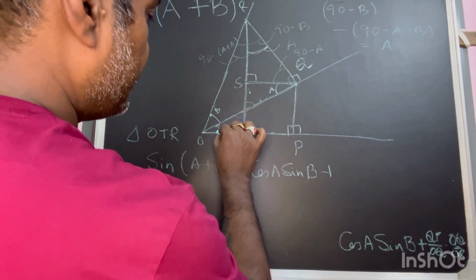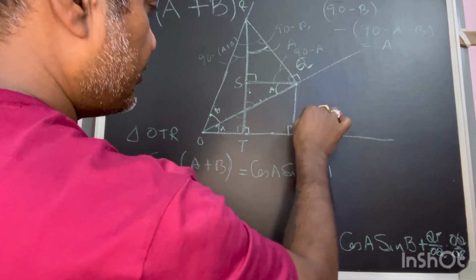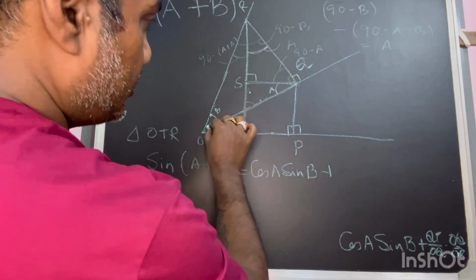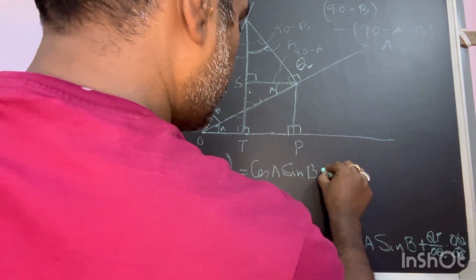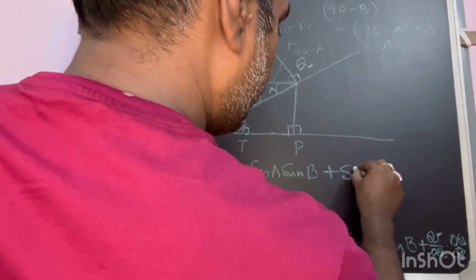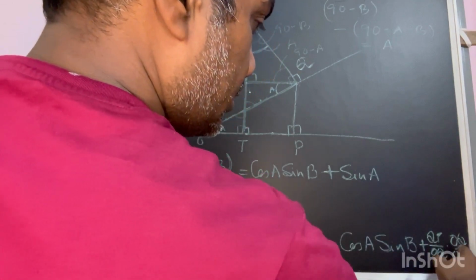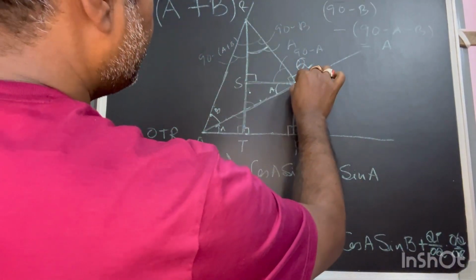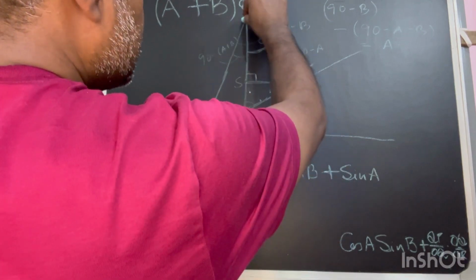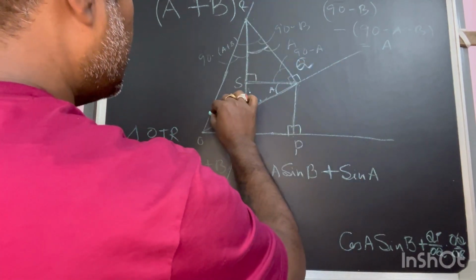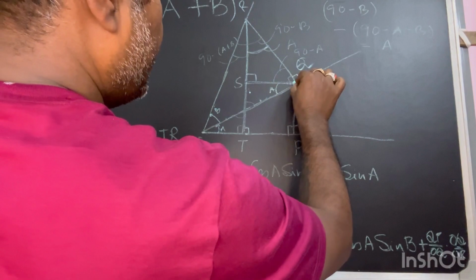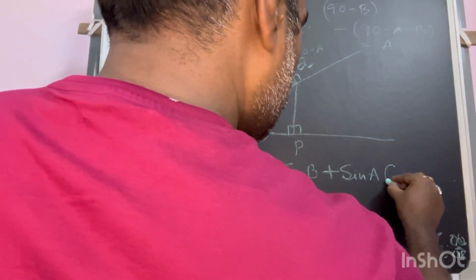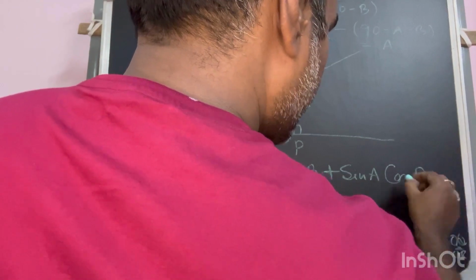If I take sine of this, QP is the vertical by your hypotenuse. This is sine A. Now OQ by OR. OQ means this one and OR, for this right angle triangle, OQ means the base, OR means hypotenuse. This is cos B.